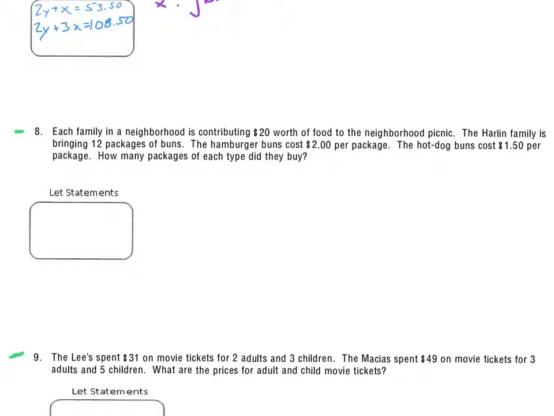Again, the first thing you want to look at is what our variables are. Well, I can see that we've got hamburger buns and hot dog buns, so that's what we're going to make x and y. We'll call x hamburger buns, and we'll call y hot dog buns.